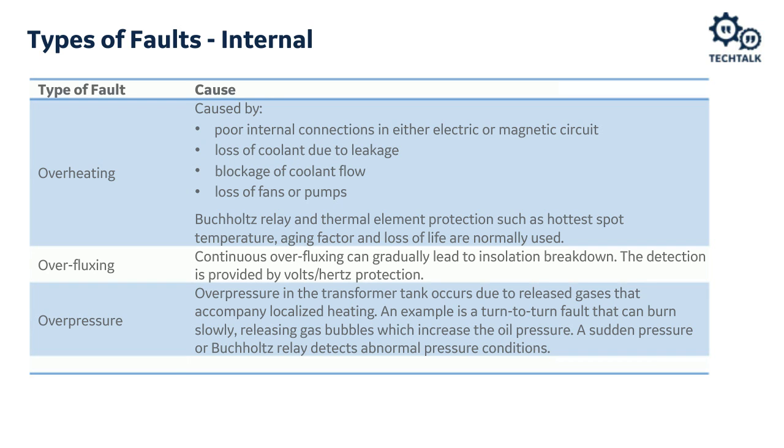Next, we already spoke a bit about overfluxing or overexcitation, which we would use the 24 volts per hertz element for. And similar to overheating, we could also have an overpressure within the tank caused by gas buildup. A not so obvious example of this would be a small turn-to-turn winding fault that burns slowly, releasing gas bubbles.